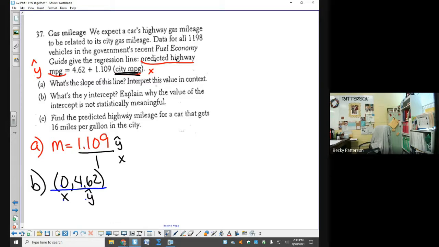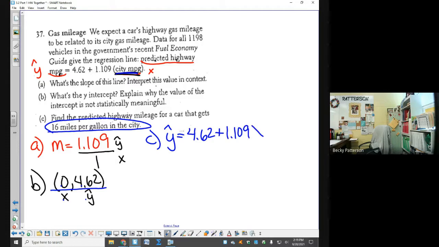Okay, find the predicted highway mileage for a car that gets 16 miles per gallon in the city. So who is the 16? City. Yeah, he's going right here. But remember what I said, you have to write the formula. So I'm going to go y hat, because they've already defined it up there, equals 4.62 plus 1.109x.